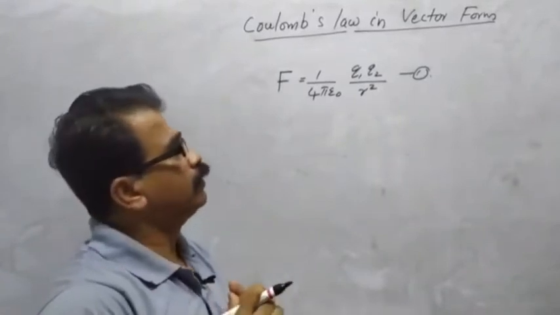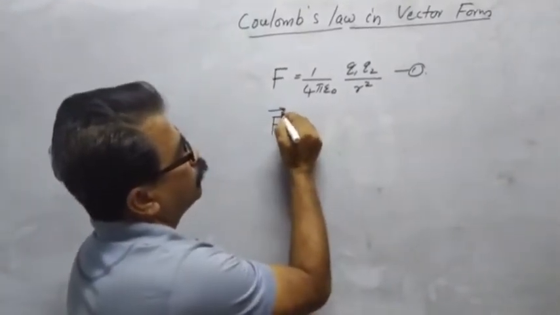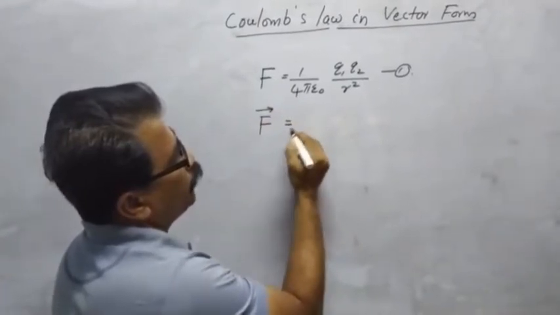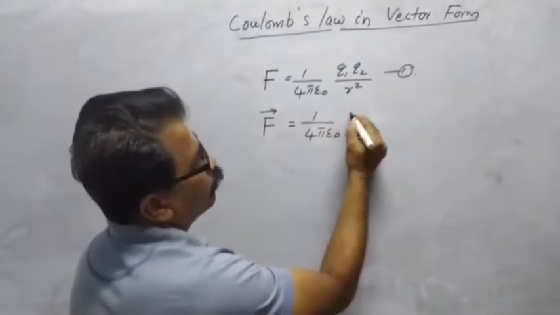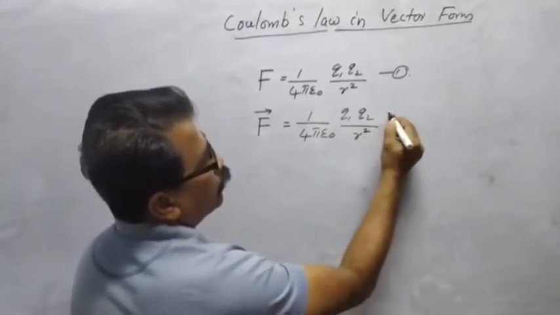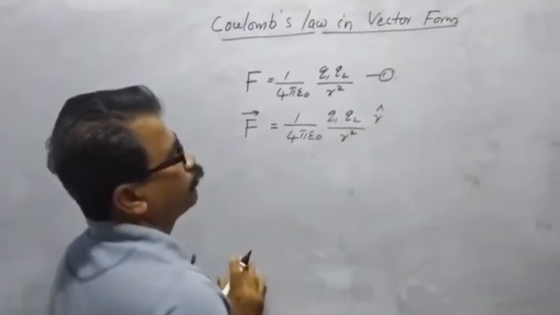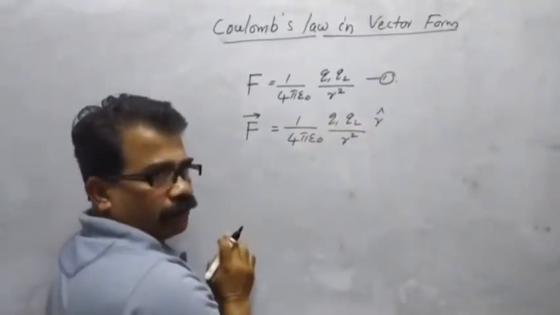It is very simple. Coulomb's law in vector form is expressed as F equals 1 by 4 pi epsilon 0 q1 q2 by r squared into cap r, where cap r is the unit vector.